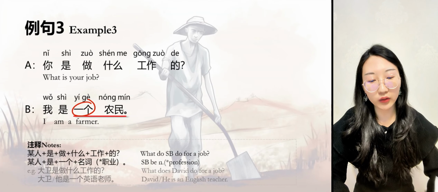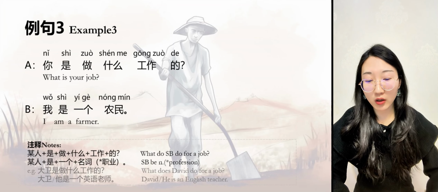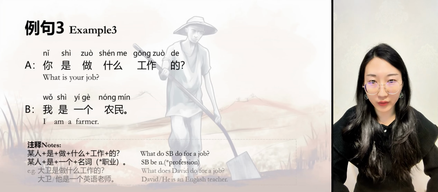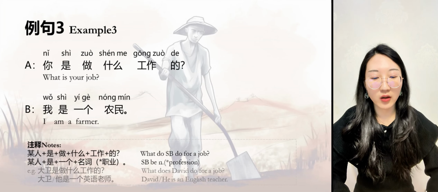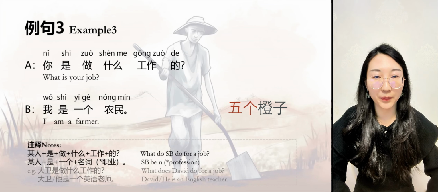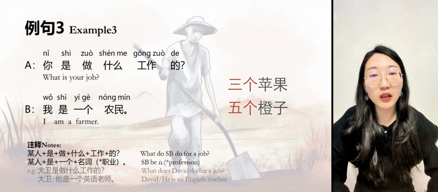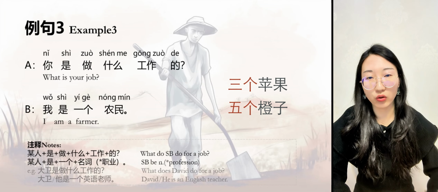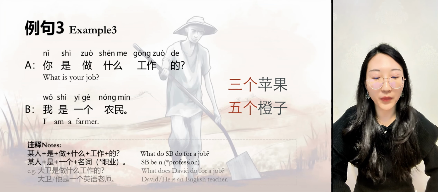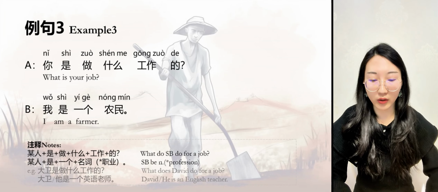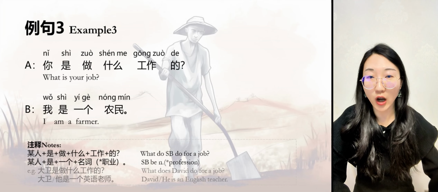And here we added number. 我是一个农民。Well, that's because the combination of number and classifier must be used only when counting. So for example, there are 5 oranges, 5个橙子, 3 apples, 3个苹果. Under this circumstance, you have to use the combination of number and classifier. But here we are not counting. We are making a description or an explanation of our job, right?